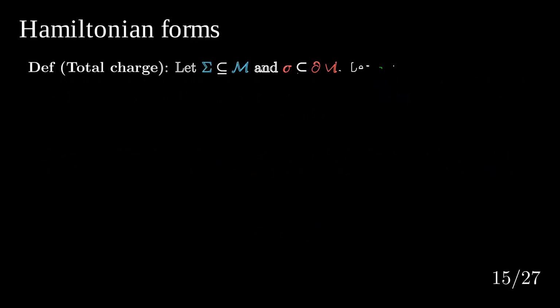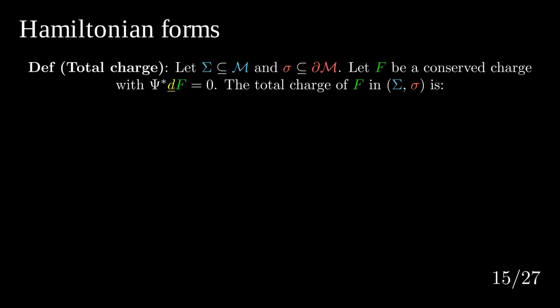This kind of conserved quantity can be integrated over some submanifolds of the bulk and the boundary, in such a way that we define the total charge as this integral.